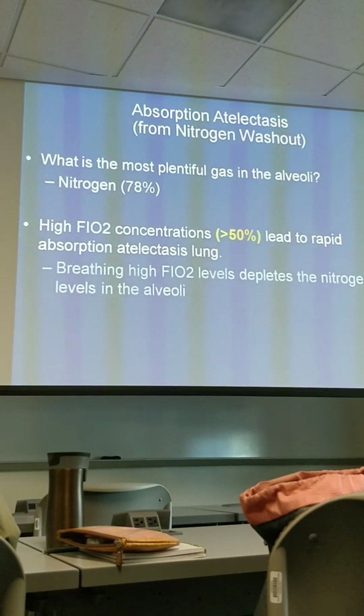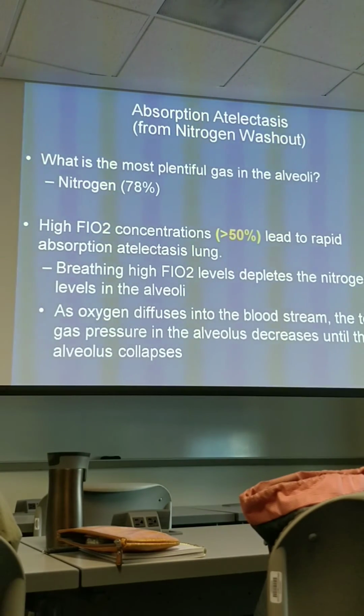So the partial pressure in the alveoli drops and the total gas pressure goes down until the alveolus collapses, because the oxygen will also diffuse out. Anytime you have a bronchial obstruction, the nitrogen and the oxygen are going to diffuse out and the alveoli will eventually collapse.